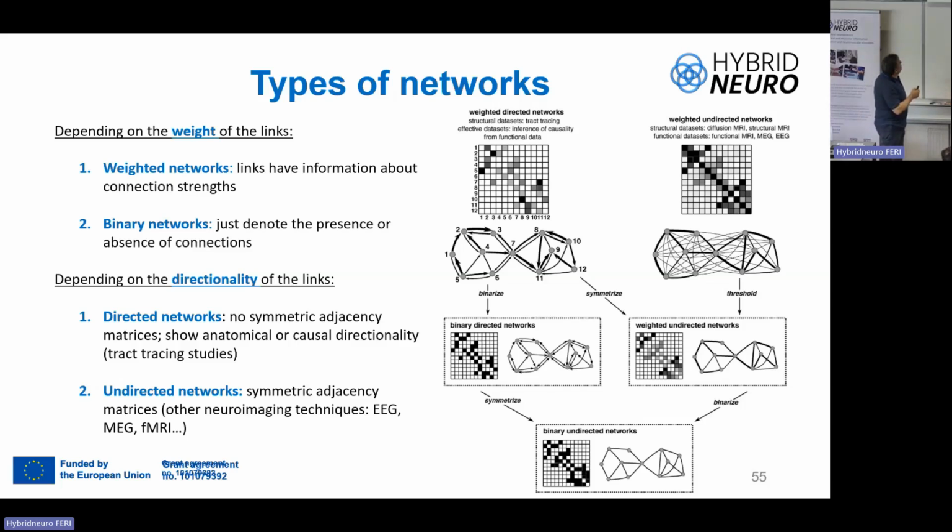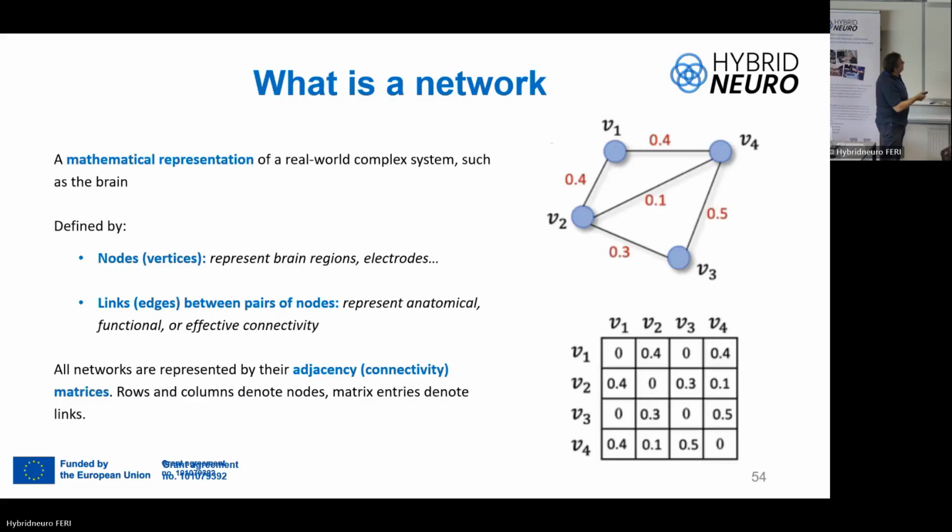Directed networks matter because this electrode with respect to that one is not the same as the opposite. In this case, the array is symmetric, because it's non-directed. But if it is directed, like transfer entropy, we have two values, from one electrode to the second, and from the second to the first.